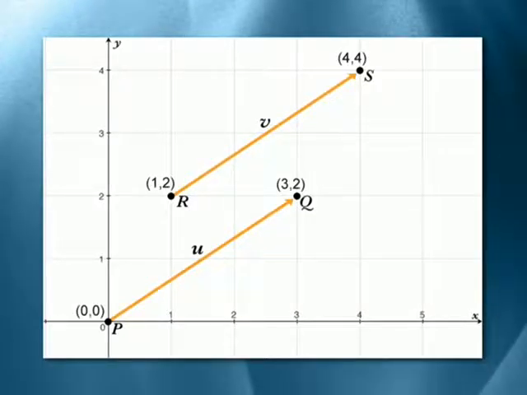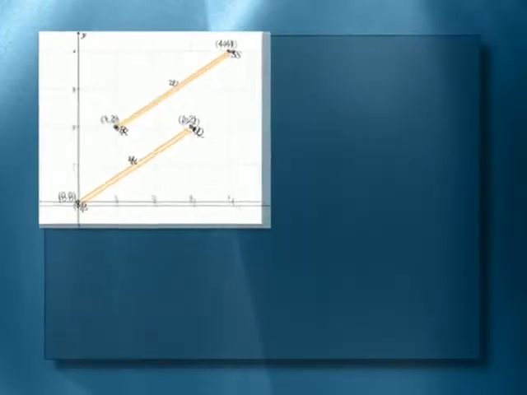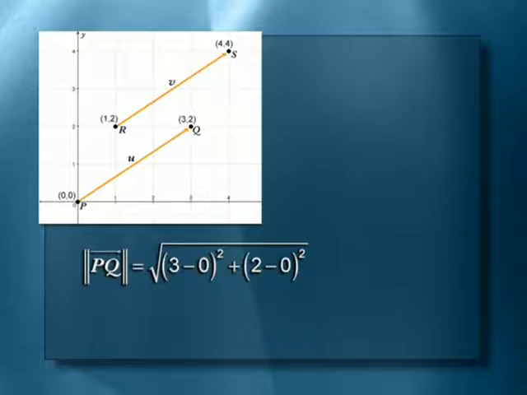Now they kind of look equivalent in this picture, don't they? They look like they have the same length and the same direction. Let's actually prove that using some of our pre-calculus skills. To show they have the same length, we would find the distance between the endpoints. So the length of PQ would be 3 minus 0 squared plus 2 minus 0 squared, all square rooted.